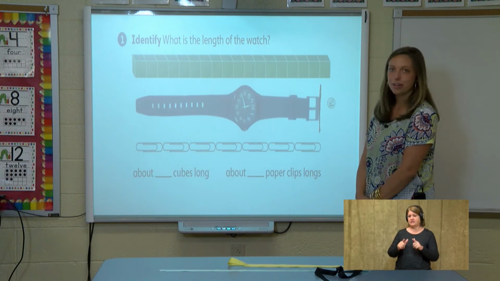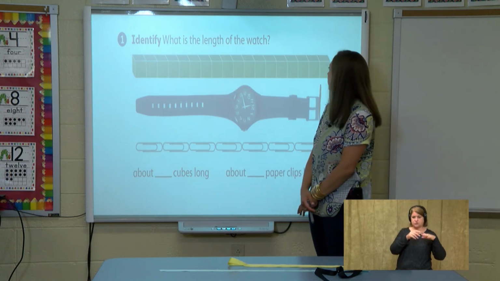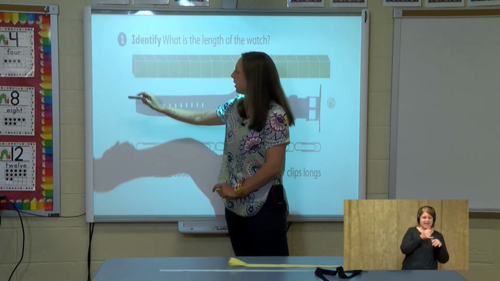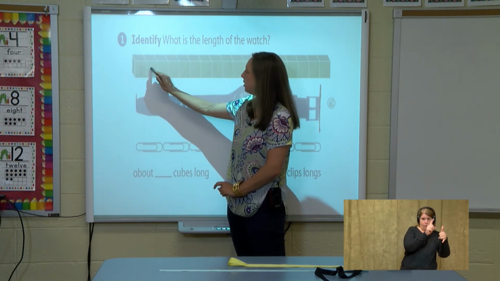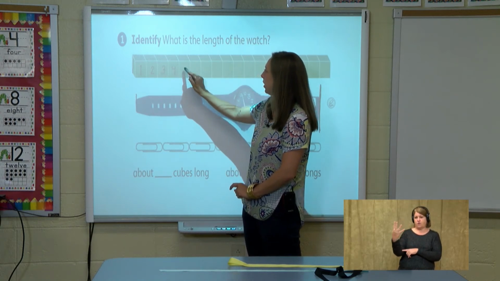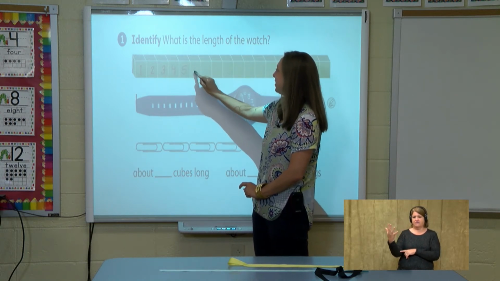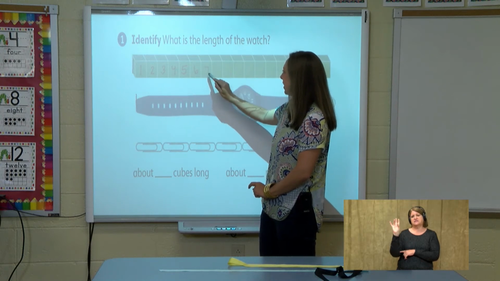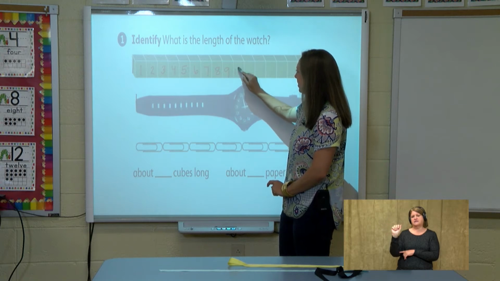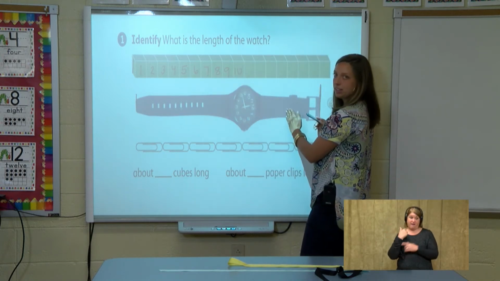Let's go ahead and count our squares. Let's see if you're holding up the right number. Starting at the same point, we're going to start right here with number 1, 2, 3, 4, 5, 6, 7, 8, 9, 10. Am I done measuring?